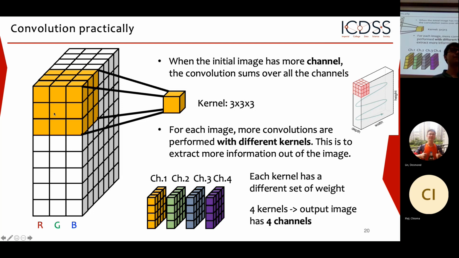It kind of depends, right? It's up to you to decide how you want to move this kernel, depending on your data. For instance, you could add a fourth dimension by considering the time. So maybe this is a video, right?